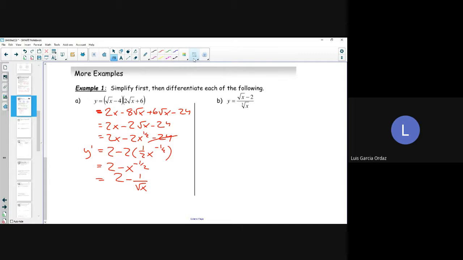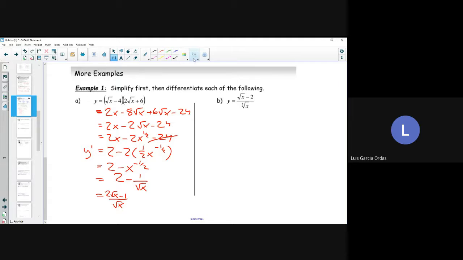Now what I can do is I need my common denominator. So it's going to be root x. So I get root x times 2 root x minus 1. And because we don't like radicals on the bottom, what do I have to do to make this look nicer?